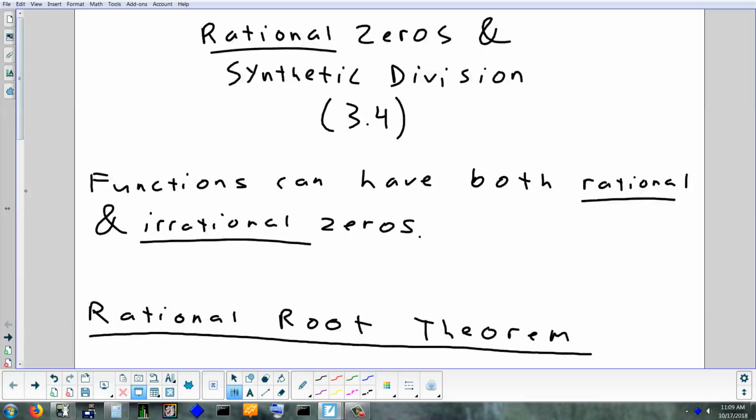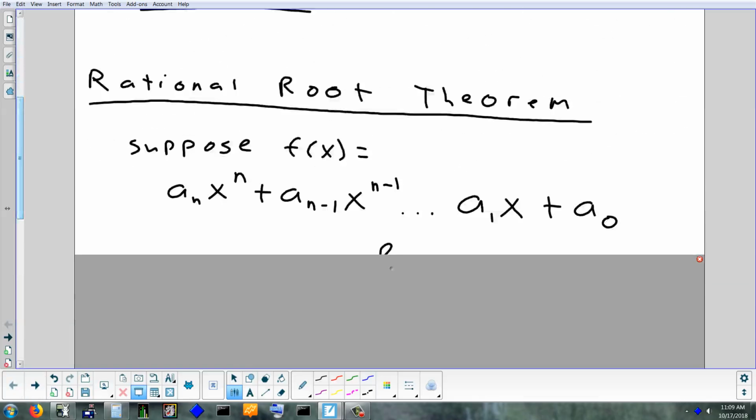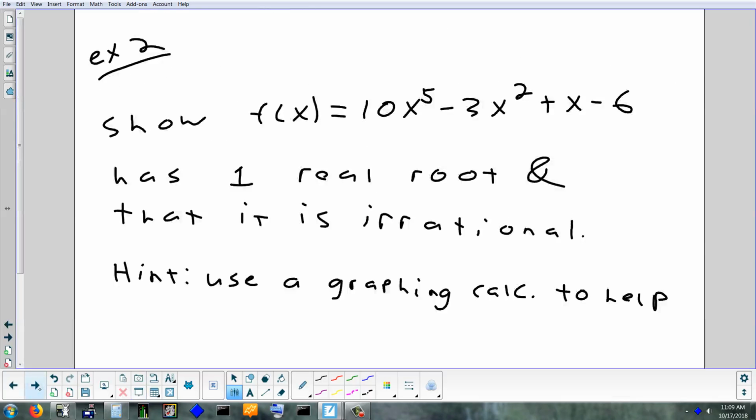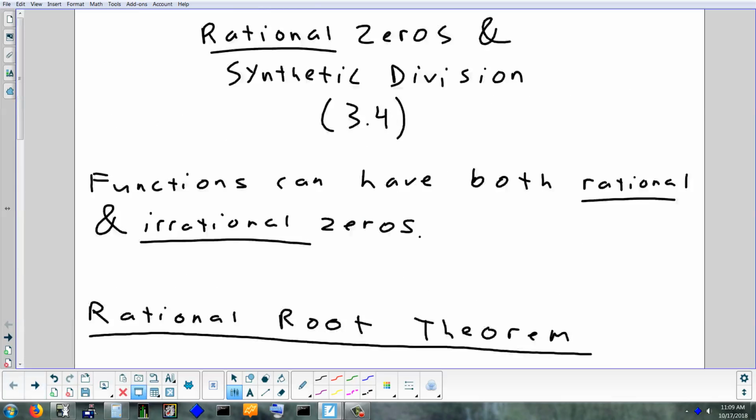For now, I'm just going to represent something like that generically. So you'll have some type of polynomial. Usually it's written with the highest exponent first, and then the exponents go down each time till you finally end with a constant. The last number doesn't even have a letter, like minus 6.